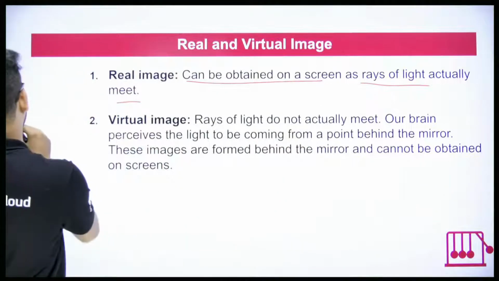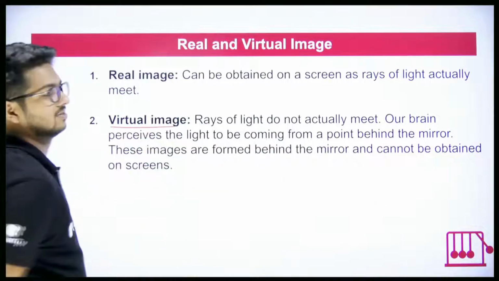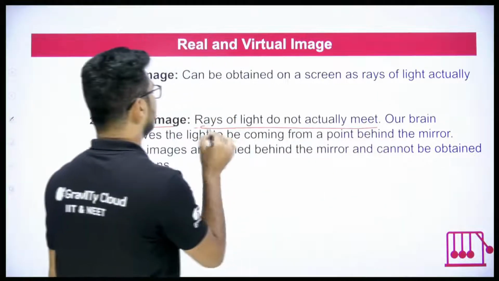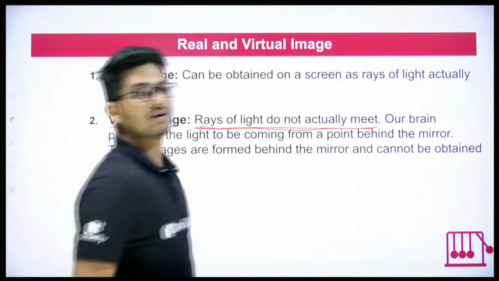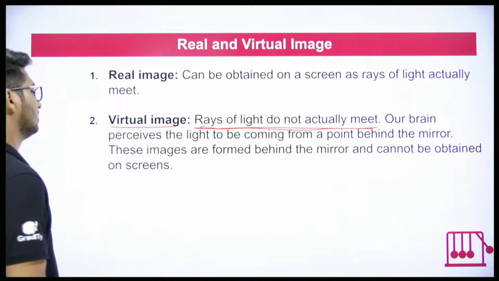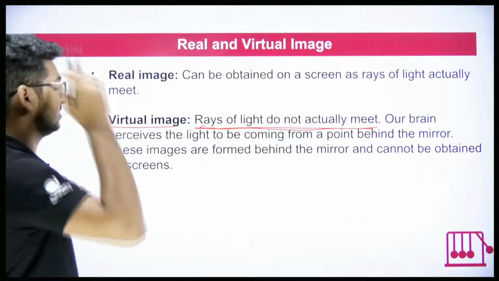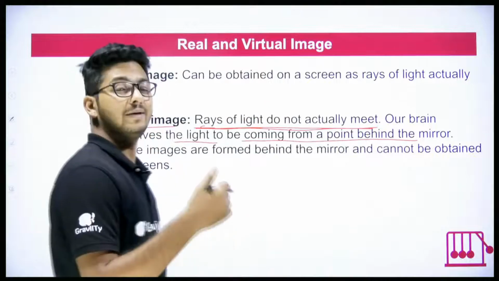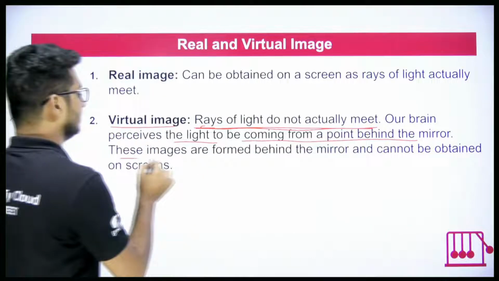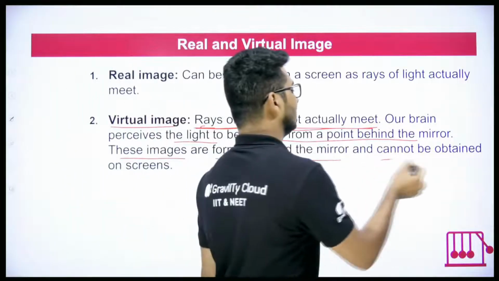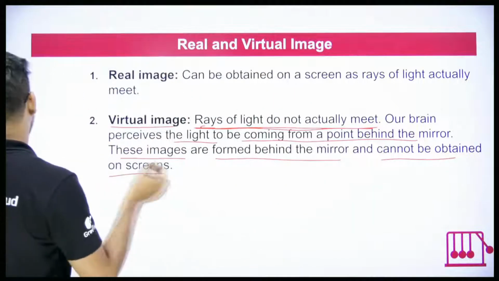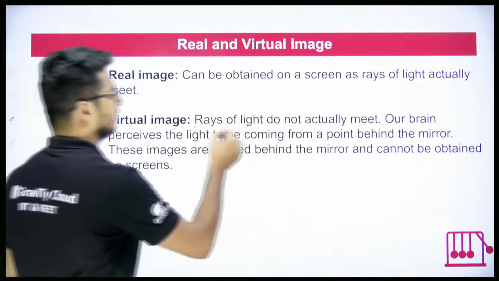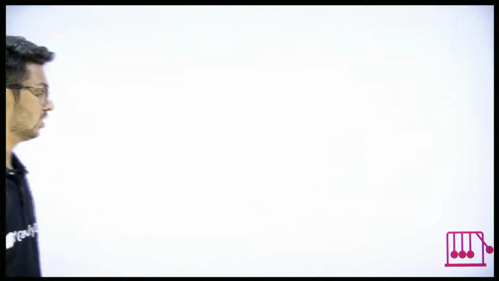But when you talk about a virtual image, rays of light do not actually meet. So our brain does the magic. Our brain perceives the light to be coming from a point behind the mirror. So these images are formed behind the mirror and cannot be obtained on screens.